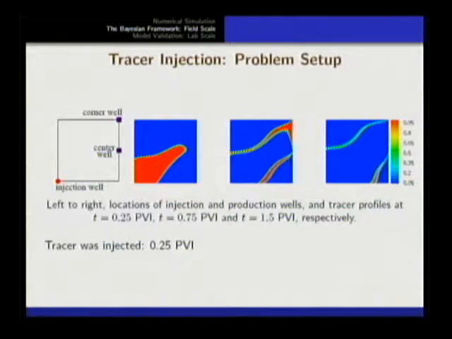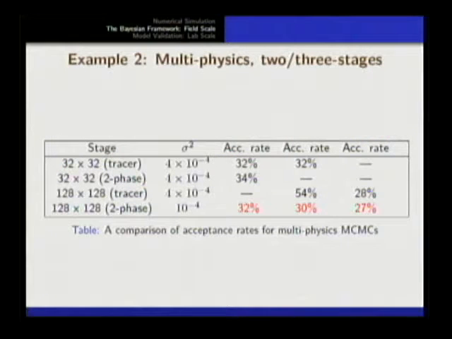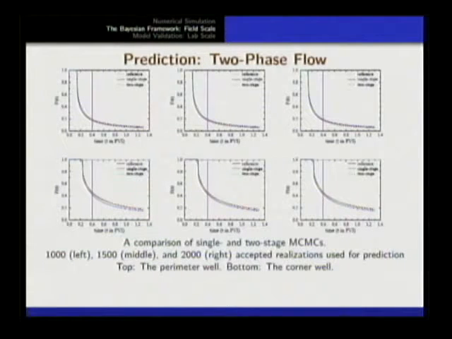And if we combine a tracer injection with the 2-phase problem, if we aim at a 128 by 128 2-phase flow problem, and run 2 very inexpensive filters, we can bring the acceptance rate up to 32%. So these are techniques that we have used to speed up the original Metropolis-Hastings algorithm.